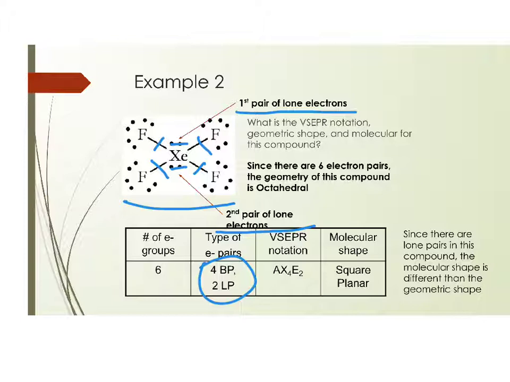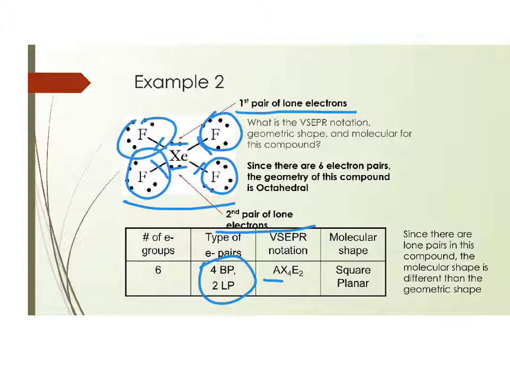The VSEPR notation would be AX4E2, where A is the central atom, xenon, Xe, X is the 4 bonded pairs right here, and E is represented by the 2 lone pairs.